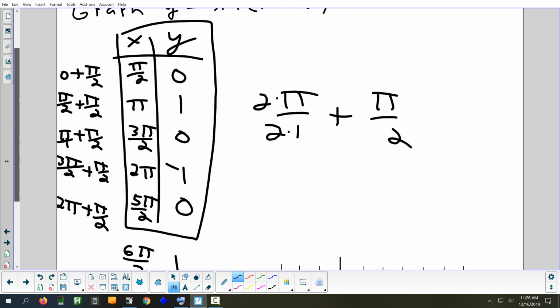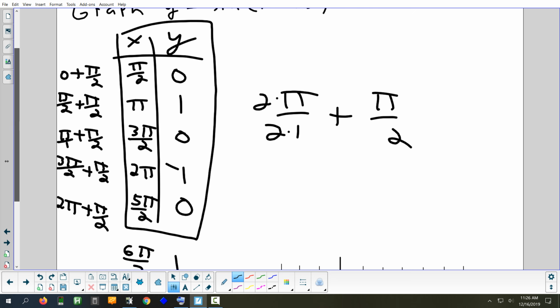Now, these original values, 0, pi over 2, pi, 3 pi over 2, 2 pi, were they all evenly spaced to begin with? Yes. If you take 5 numbers that were all nicely spaced and move them all the same amount, are they still nicely spaced? Yeah.